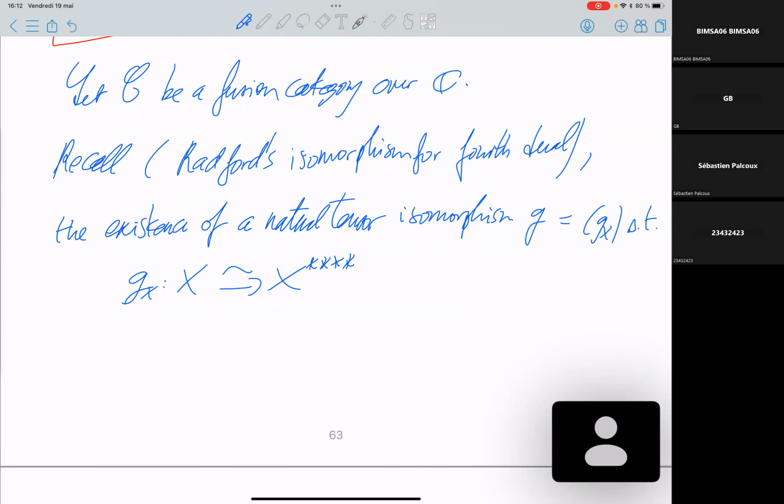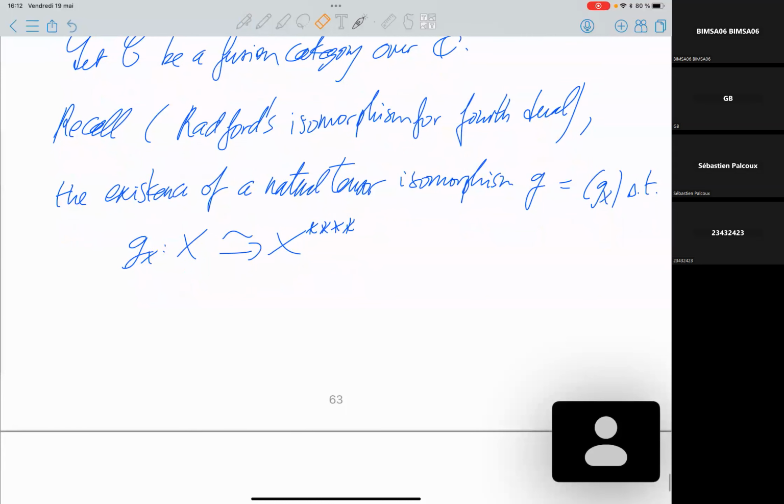In fact, the square root of that, we will explain the meaning of that. It will not be a tensor isomorphism. If it is tensor, then we will get this expected canonical spherical structure, but it's not tensor in general. But we will see that we can find a tensor one in the pseudo-unitary case.